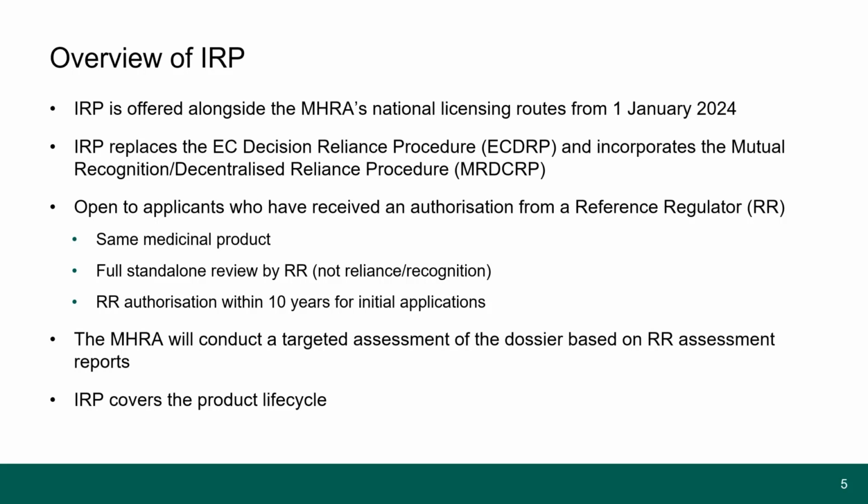So that would include our national route, which will be unchanged from that which commenced at the beginning of January 2021, and also the Project Orbis and the Access routes that you will be familiar with. So, as I've already said, IRP replaces ECDRP and also the MRDCRP. So it's open to applicants who have received an authorization from a reference regulator for the same medicinal product.